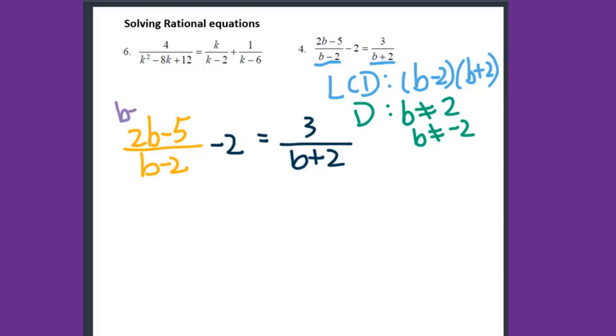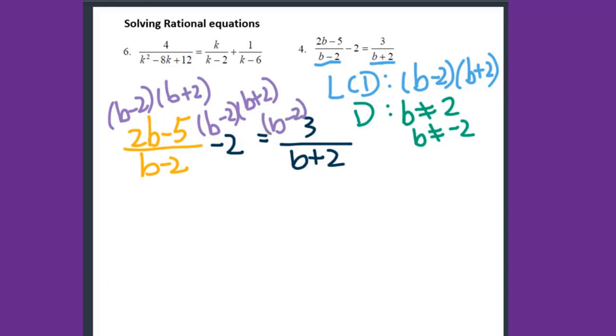So I will do that. Then reduce: b minus 2 with b minus 2, b plus 2 with b plus 2. Then what's remaining? I have 2b minus 5 times b plus 2.